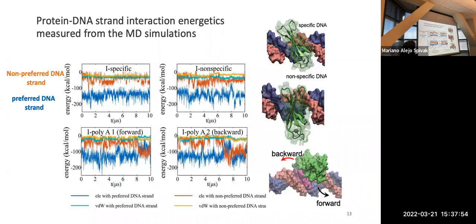Then we look at protein-DNA interaction in specific and non-specific, moving forward or backward. We see that preferred DNA usually has lower electrostatic energy. It is most significant in the specific case, but especially when it moves, they kind of overlap in energy.